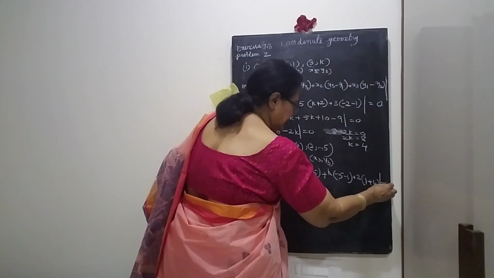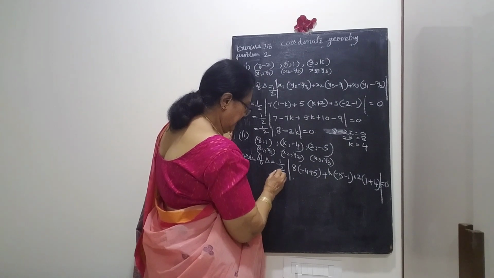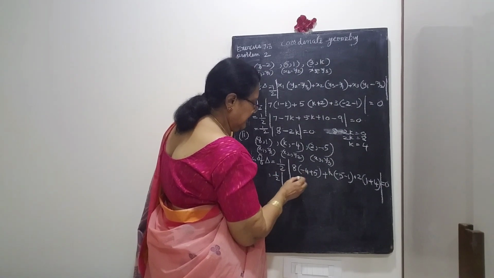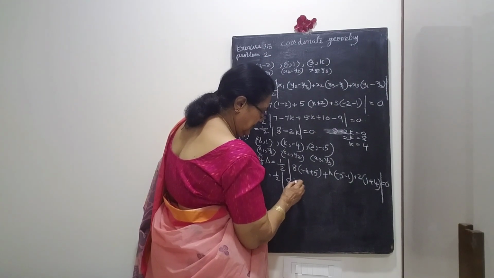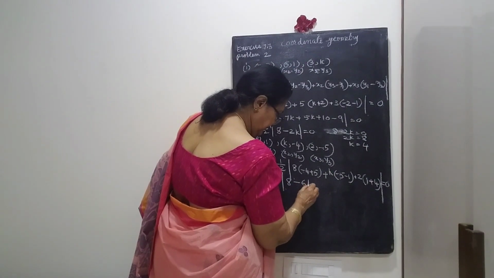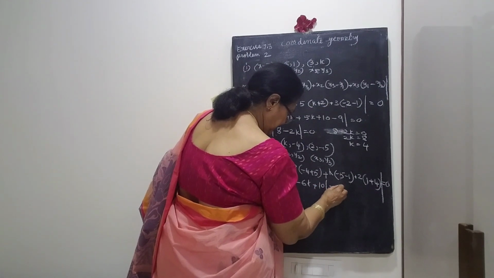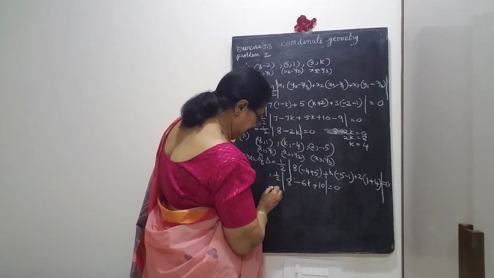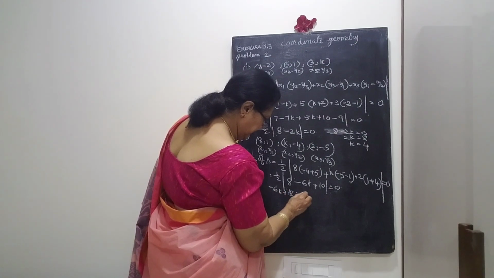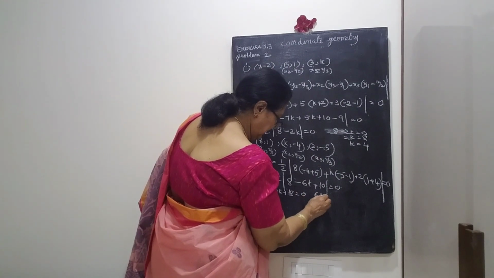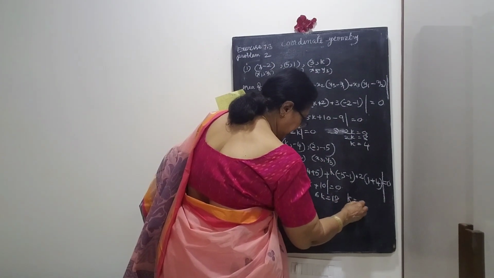This is equal to 0 since they are collinear. So now half will go to that side, it is 0, but I am writing it, afterwards I will remove. 8 into 1, 8 plus minus 6k plus 2 into 5, 10. So minus 6k plus 18 is equal to 0. 6k is 18, k is equal to 3.